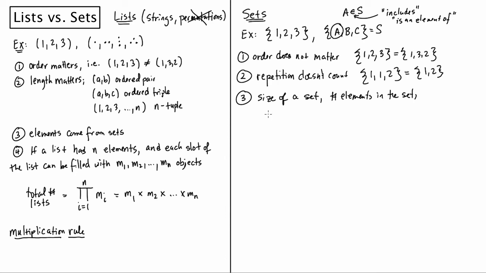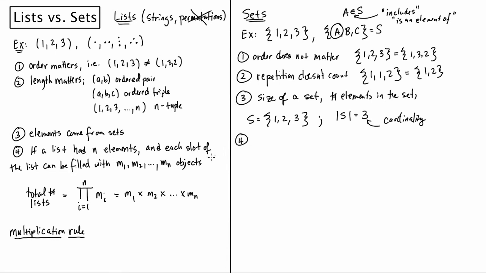Suppose you have a set S consisting of the elements 1, 2, and 3. The notation for the size of the set is this bracket notation called the cardinality. It has 3 elements, therefore its size is 3, but we use this fancy term cardinality to basically mean size. It's an older term, but you still hear it in a lot of literature today.